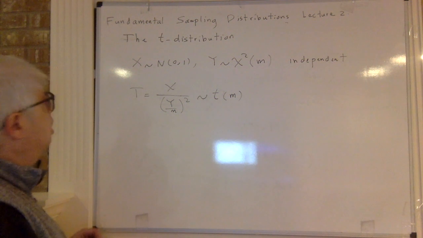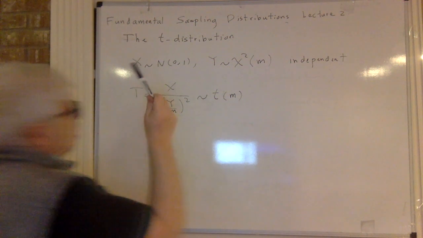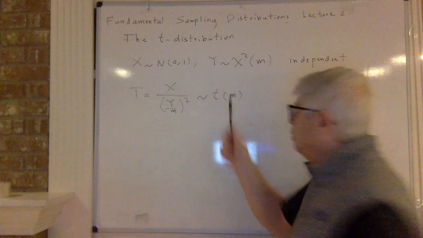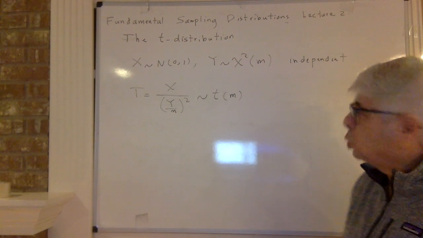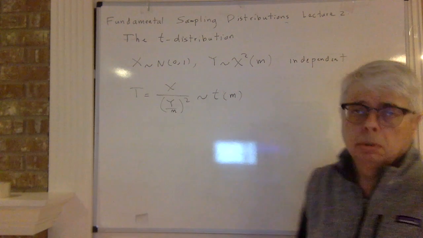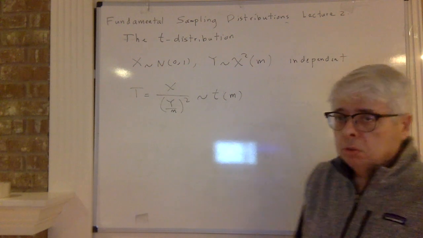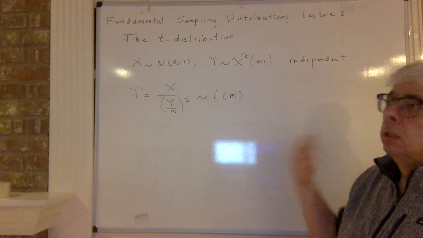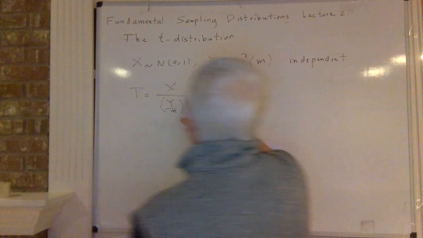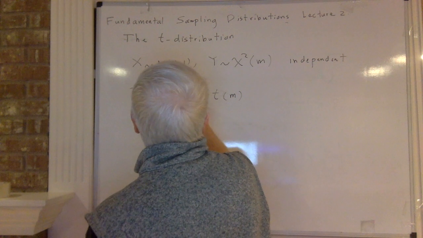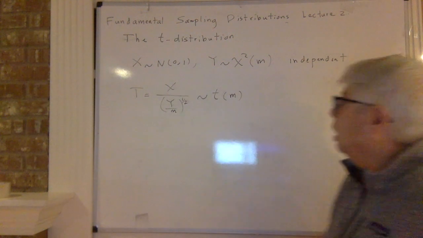Okay, now let's look at this thing. How did we find chi-squared? We find chi-squared by squaring the normal distribution. So a normal distribution squared is chi-squared. And this is 1/2, not 2. Now what's going on?